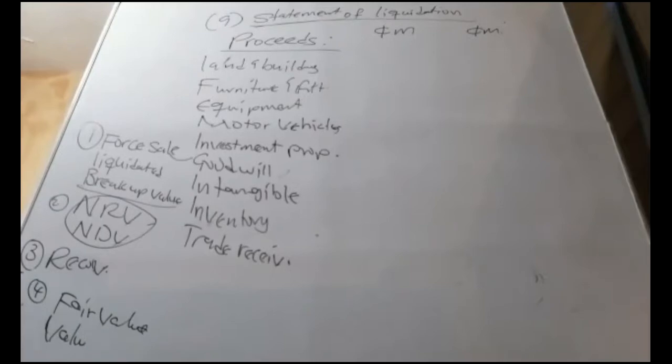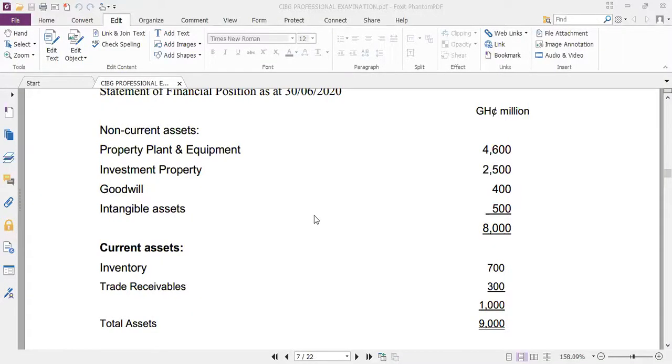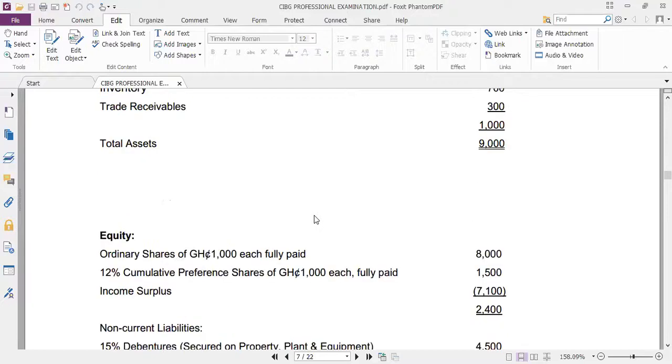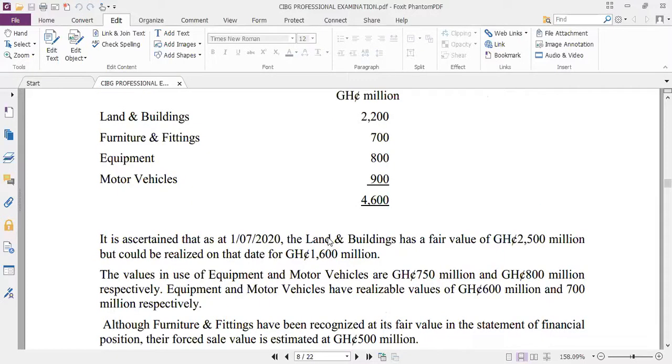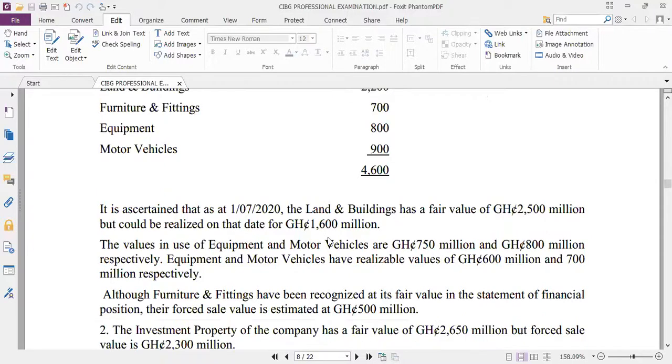So now let's go. John says that it is ascertained that as at 1st July 2020, the land and buildings has a fair value of 2,500 million, but it could be realized on that date for 1,600.